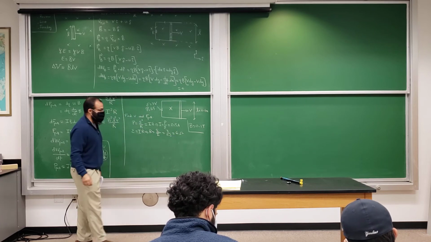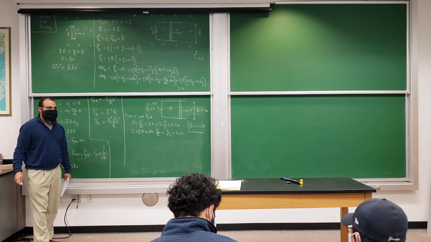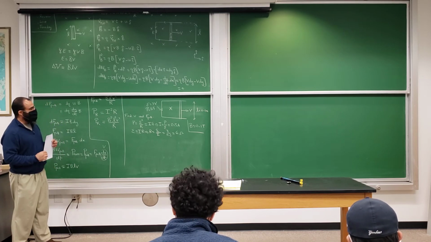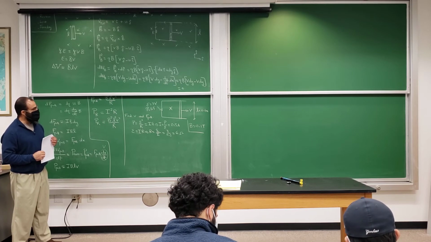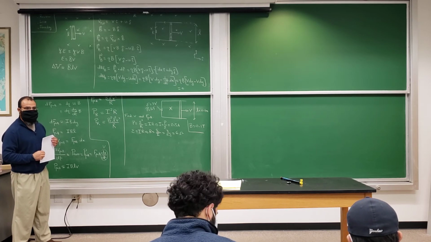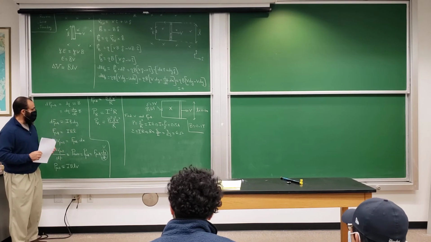The resistance is 6 ohms. I think we've found everything we need about the resistor. We know the power it consumes, the voltage across it, the current through it, and its resistance. So now let's see if we can find the velocity.